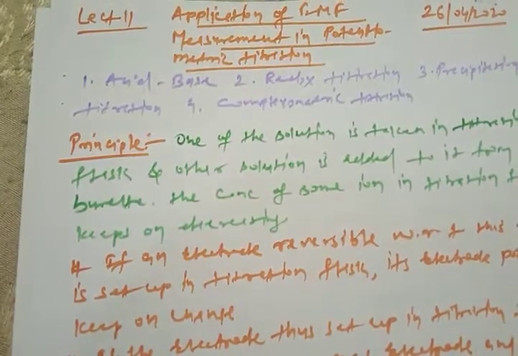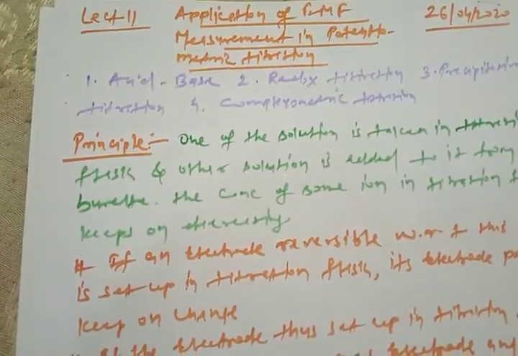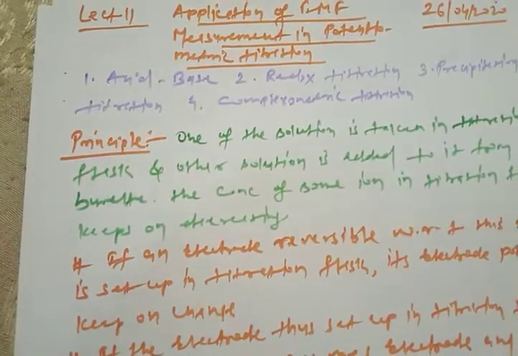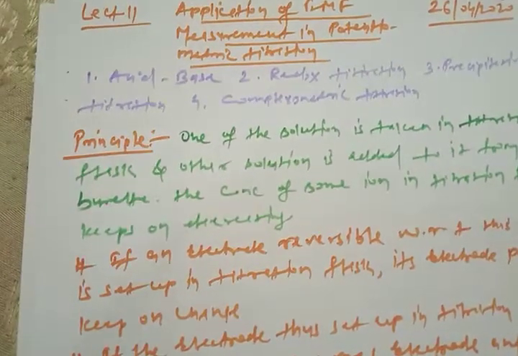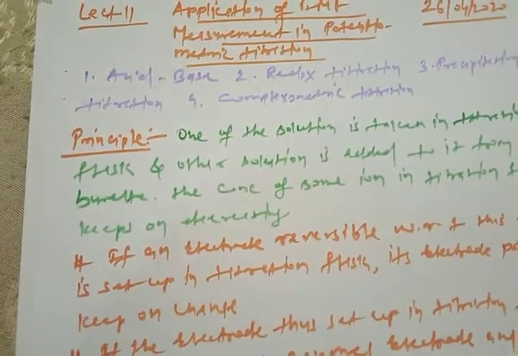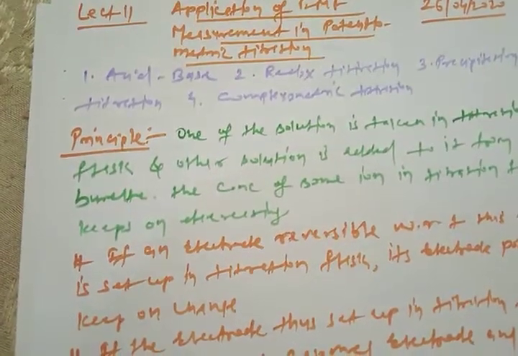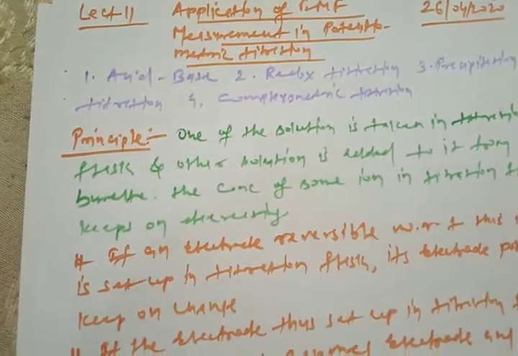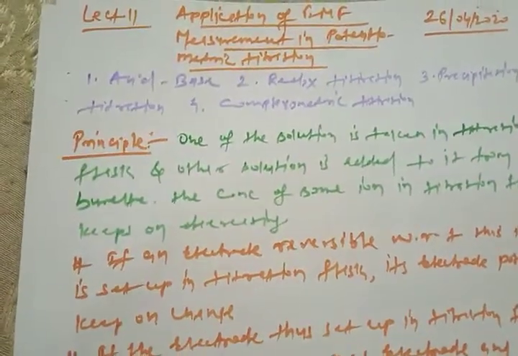To the unknown concentration we add an indicator. That indicator shows a specific color depending on the pH of the solution. Then we add a few drops from the burette, the concentration changes, so the color also changes. And as the color disappears or changes, that is the end point. This is the traditional method, and we note the value of that end point, and then we take other values.